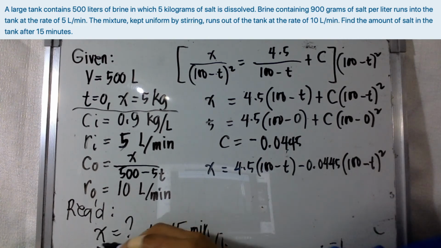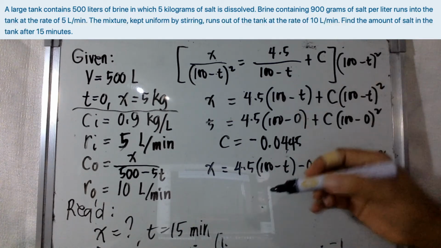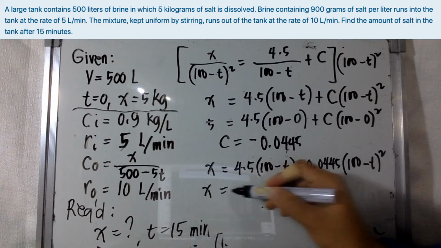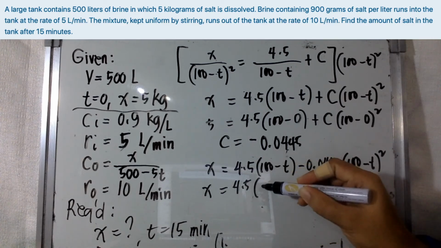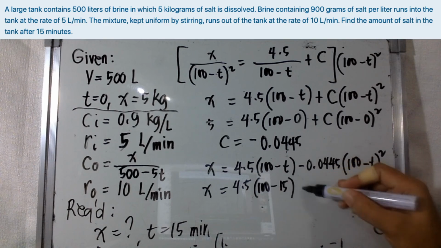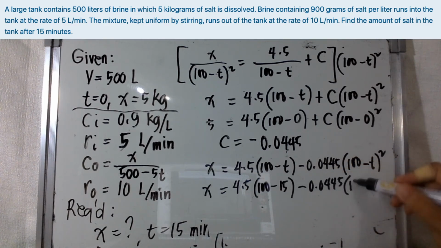Now we are asked to solve for the amount of salt after 15 minutes inside the tank. So at time equal to 15, we now plug in the value of t here: 4.5 times 100 minus 15, minus 0.0445 times 100 minus 15 squared.